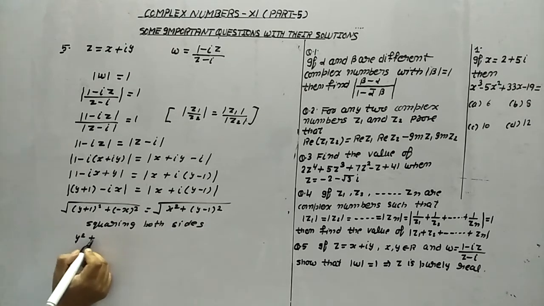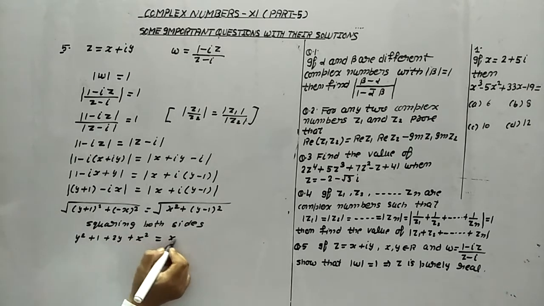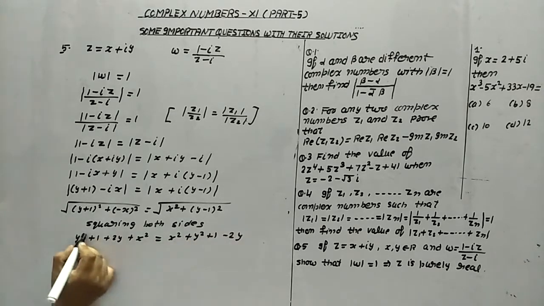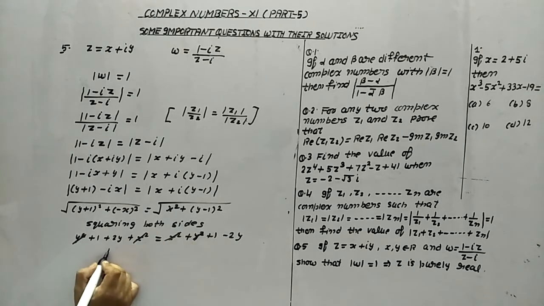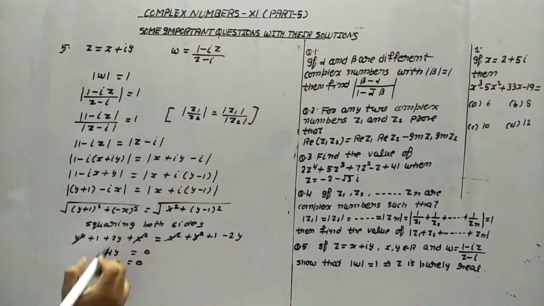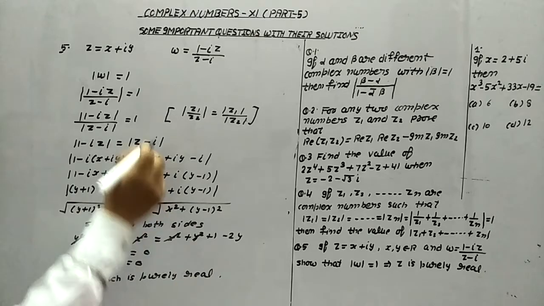It means y square plus 1 plus 2y plus x square is equal to x square plus y square plus 1 minus 2y. Y square cancels out. X square cancels out. It means 4y is equal to 0. Y is equal to 0. When y is equal to 0, it means z is purely real. So this is the way to do this part.